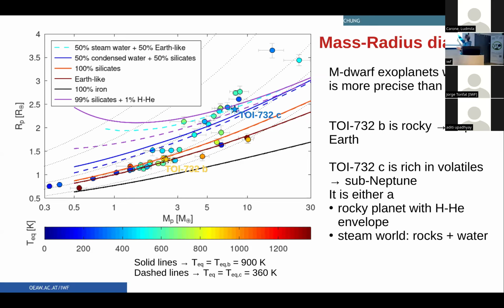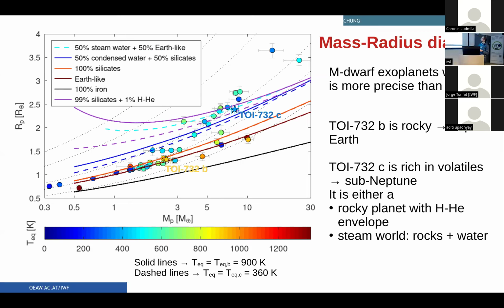And together with all these planets, I put and highlighted via stellar markers TOI 732b here below in yellow, and TOI 732c up there. The markers are color-coded according to the equilibrium temperature, as depicted here in the color bar.